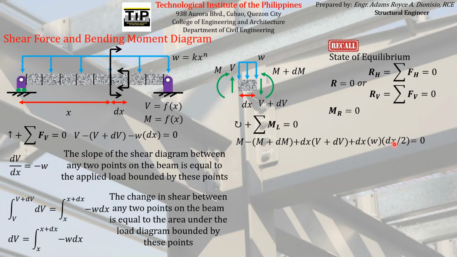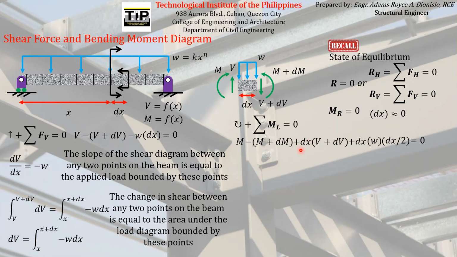You have to realize that when you multiply two very small magnitudes like this one, dx tells us that its length is very small. Every time we see d, which denotes differential, it denotes a very small quantity.